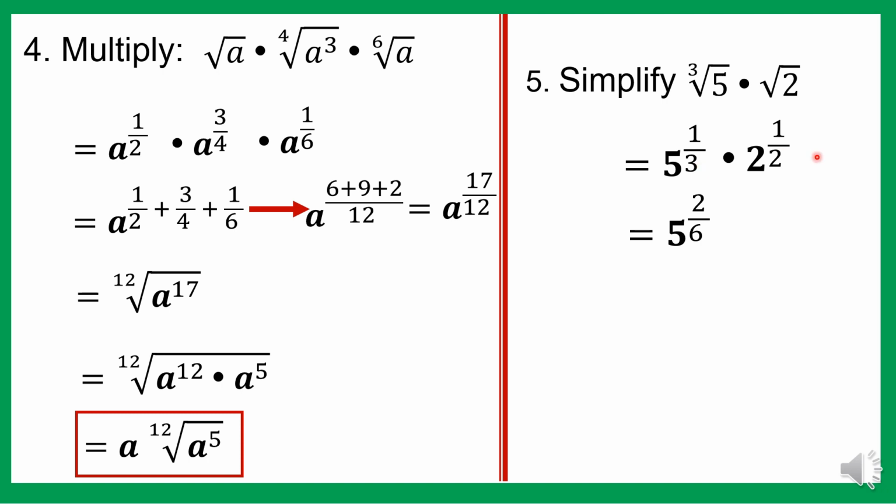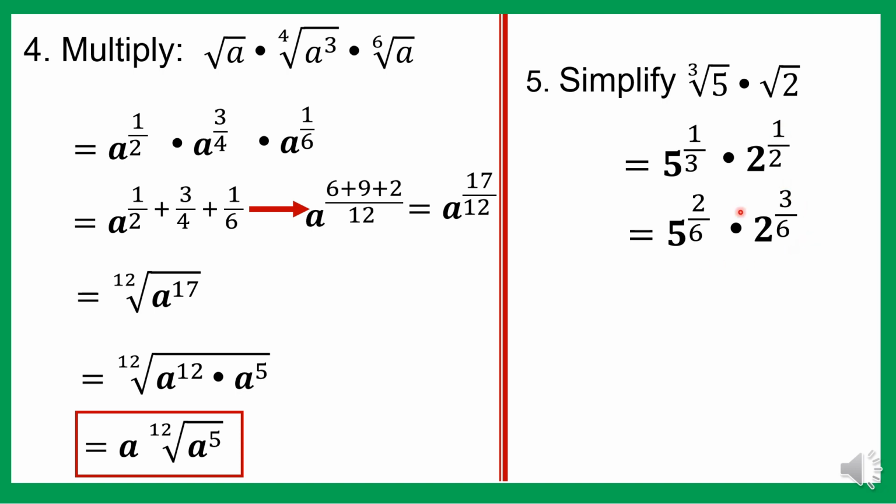Ang LCD ng 3 and then 2 ay 6. So, 6 divided by 3, that is 2 times 1, kaya naging 2 over 6. Now, let's proceed with 2 raised to the power of 1/2 will become 3 over 6. Okay. So, gets na po natin to. Kinuha yung LCD, dinivide sa denominator, multiply sa numerator, kaya naging 3 over 6.